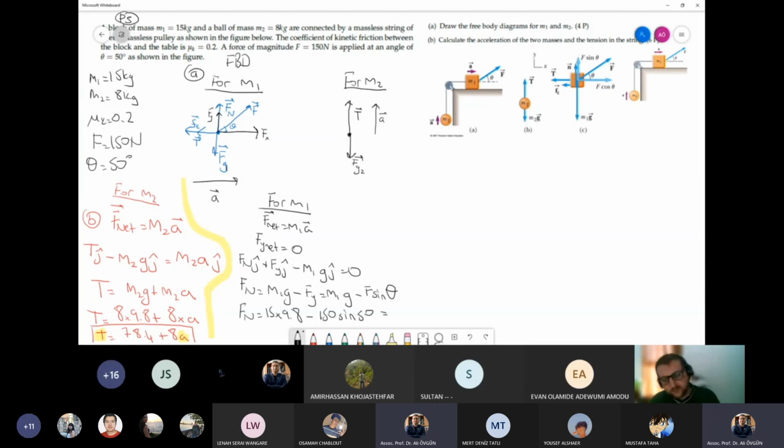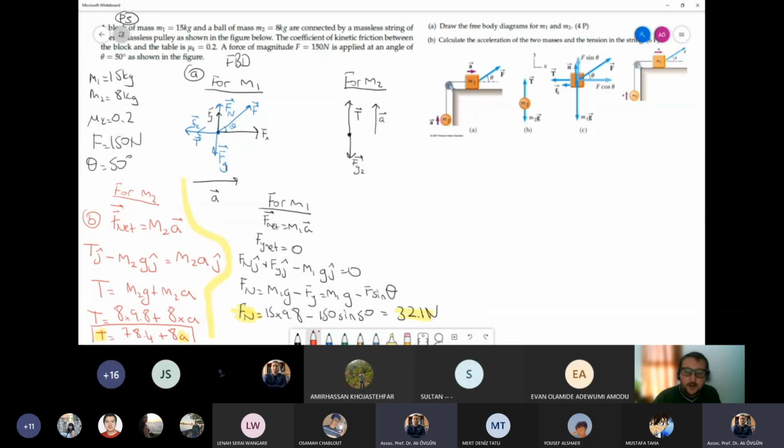From here, you can find the value of F normal. F normal is very important when you're calculating friction force. So 32.1 Newton. This is the F normal.